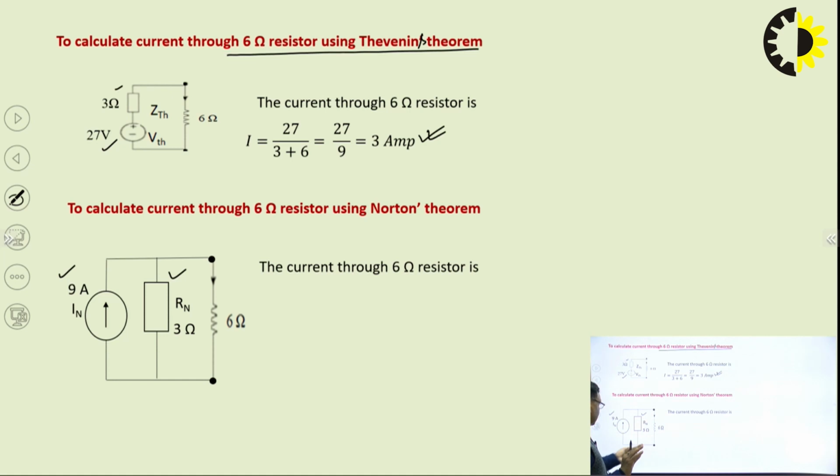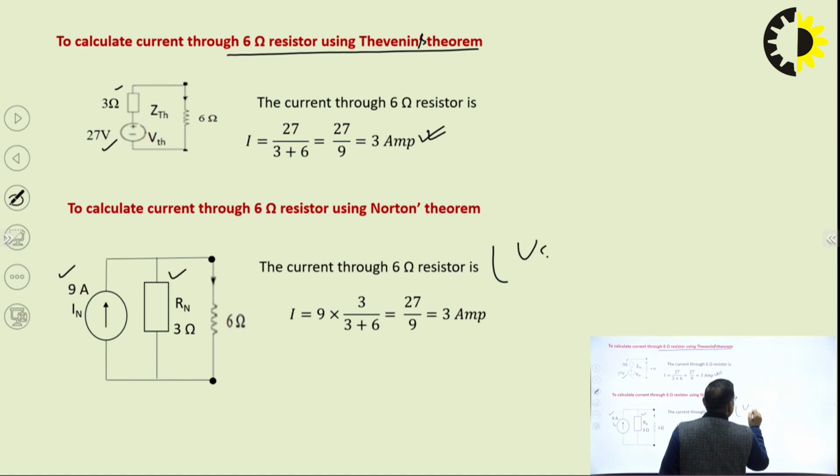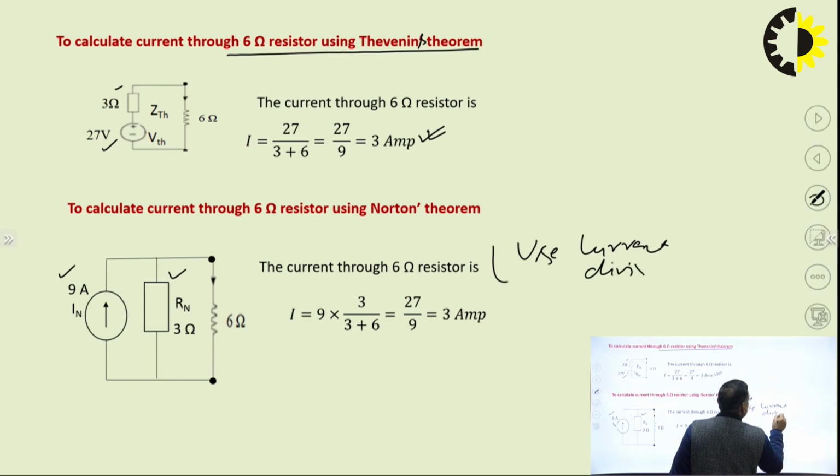So this is the Norton equivalent. So this is 9 ampere current. If you want to find the current through the 6 ohm resistor, use the current division rule.